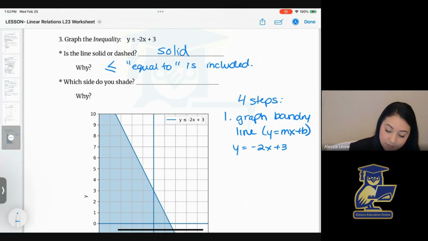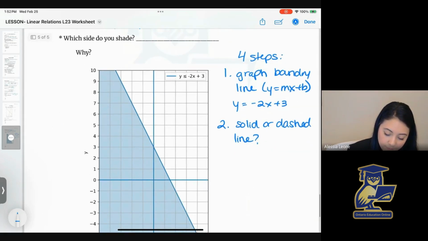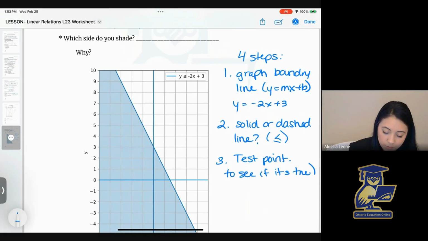And then the second step is to notice, do we need to make it solid or dashed? Then we test our point to see if the inequality is true, to see if the statement is true. And then we have to shade.